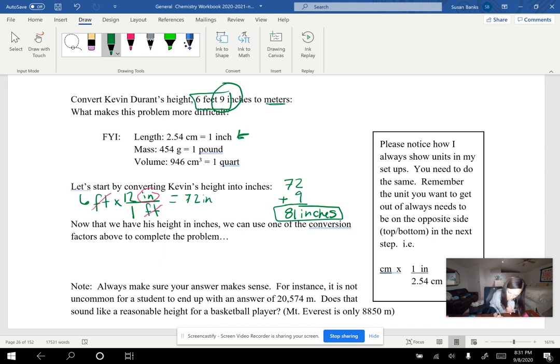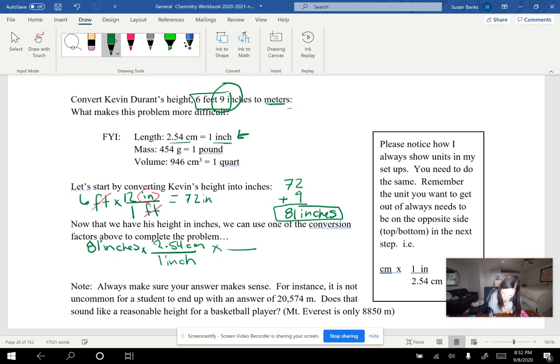So here we go. We're going to start with our 81 inches. I don't want inches. I have a way to get from inches to centimeters. I want my inches to cancel out, so I'm going to put my 1 inch on the bottom, and I have 2.54 centimeters on top. But I don't want centimeters, I want meters.